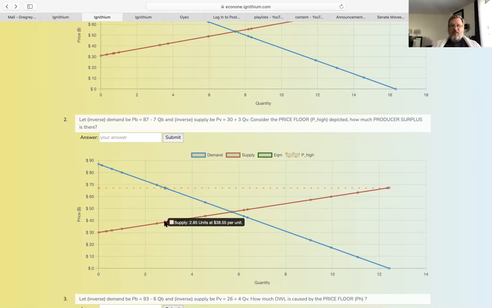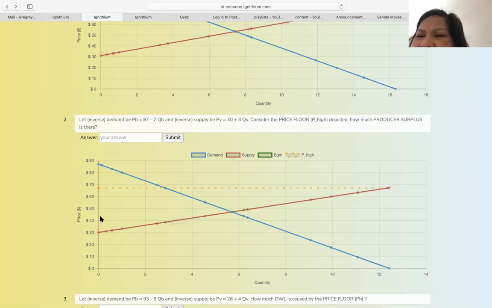Is that what you got too? Yes. Okay. So, I'm going to take that and multiply by 0.5 because it's the same thing, right? And then I'm going to multiply it by the height, which I can see there is the distance between the two bases, from here to there, and it's 2.85 units times 2.85, and what do you get?